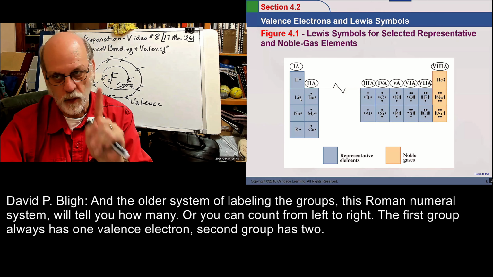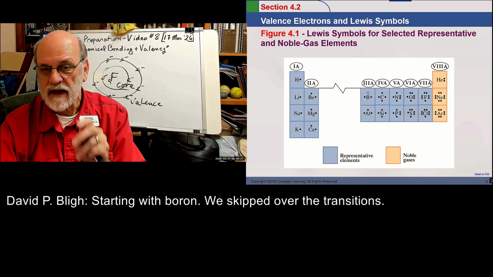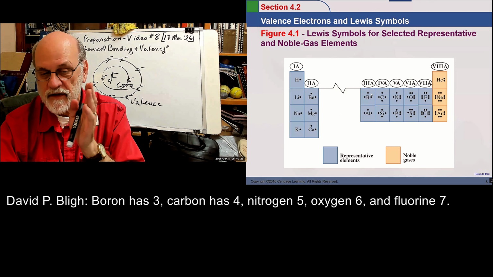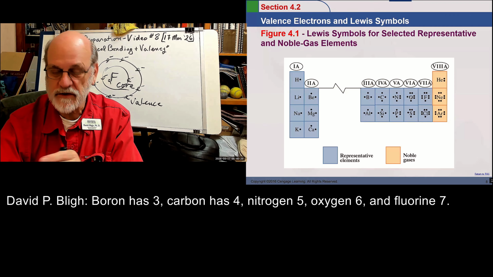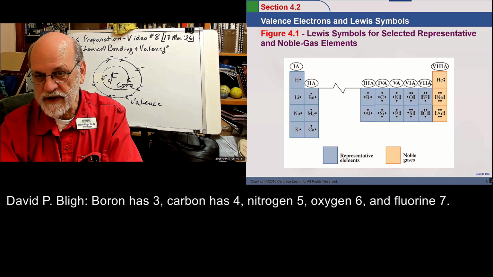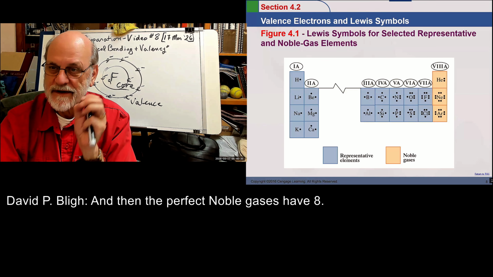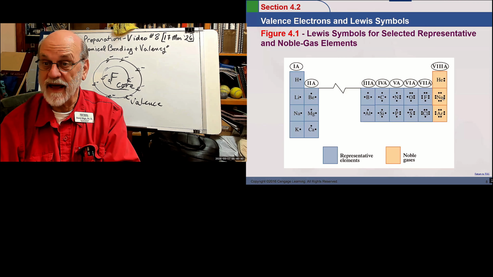The first group always has 1 valence electron. Second group has 2. Starting with boron, we skipped over the transitions. Boron has 3, carbon has 4, nitrogen 5, oxygen 6, and fluorine 7. And then the perfect noble gases have 8. That's the octet.